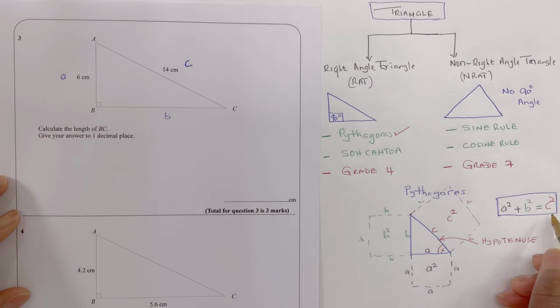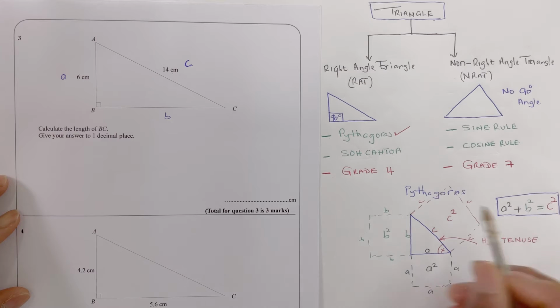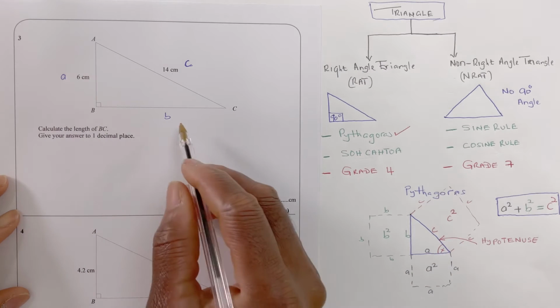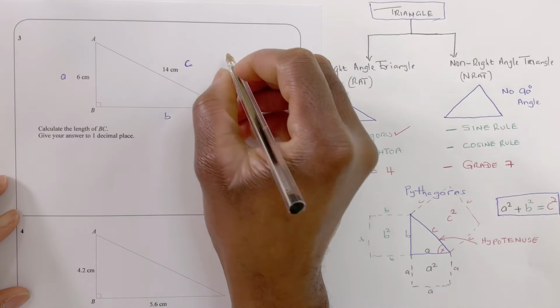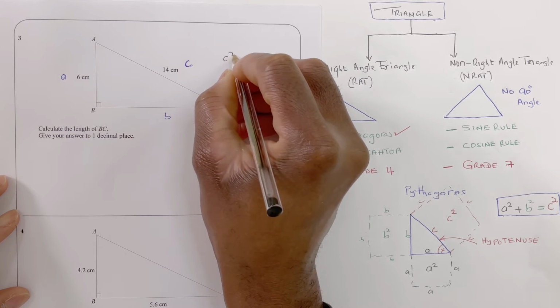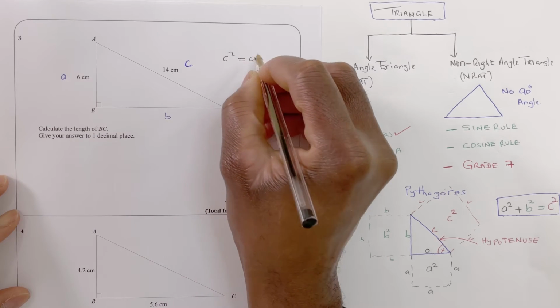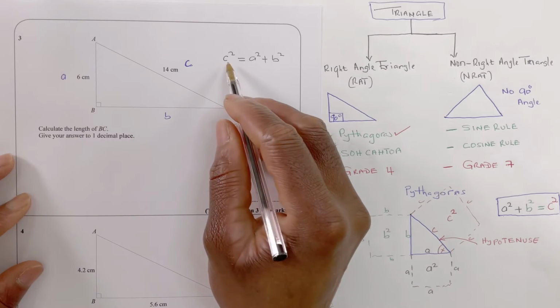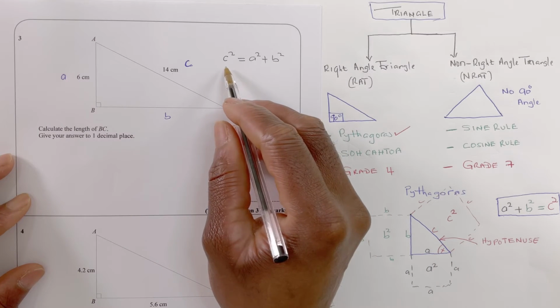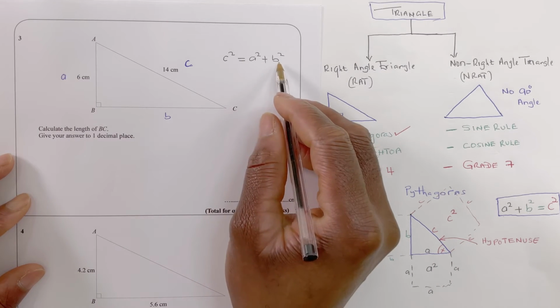So now, I'm not looking for C because C is the subject of the equation here. In this case I'm looking for B, so I'm going to make B the subject. We know the Pythagoras equation is C squared equals A squared plus B squared. I don't want to make C squared the subject, I want to make B squared the subject.